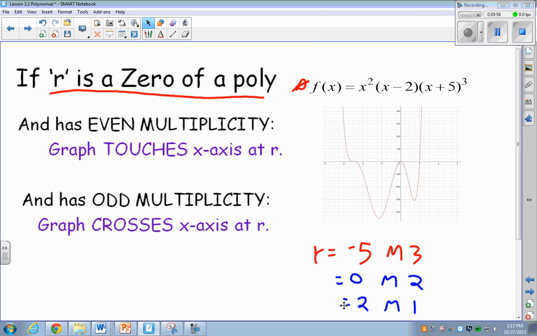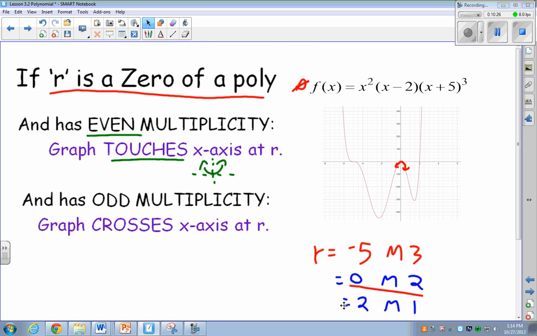so if your multiplicity is even, it touches the x-axis. So kind of like a parabola. Remember, if you just graph a parabola, and here's your line right here, it just kind of touches the origin. And so let's look at an example of our function as an even multiplicity. So here 0 had a multiplicity of 2, which was even. And notice how it just touches.